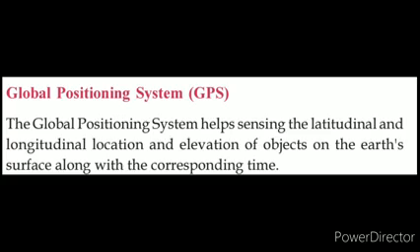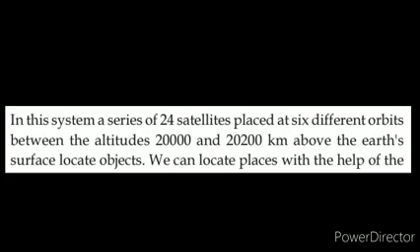And let's find how the GPS is functioning. In this system, a series of 24 satellites placed in 6 different orbits between the altitudes 20,000 and 20,200 kilometers above the Earth's surface locate objects.